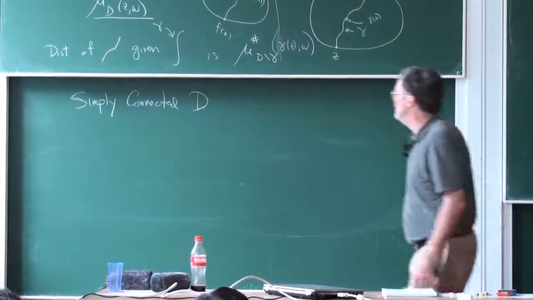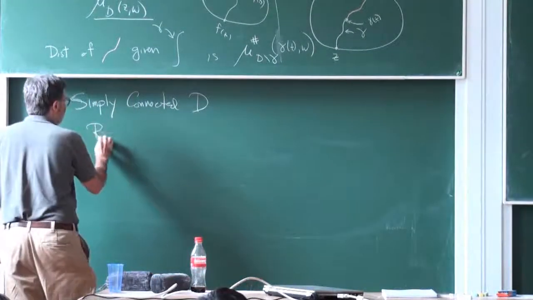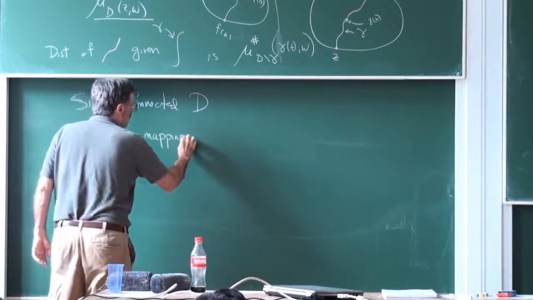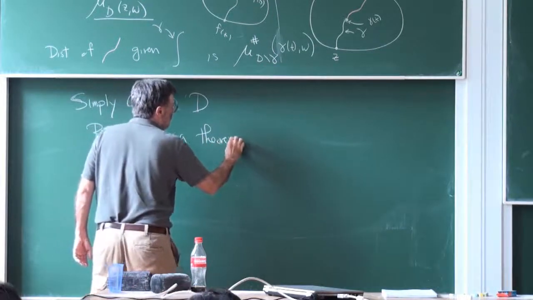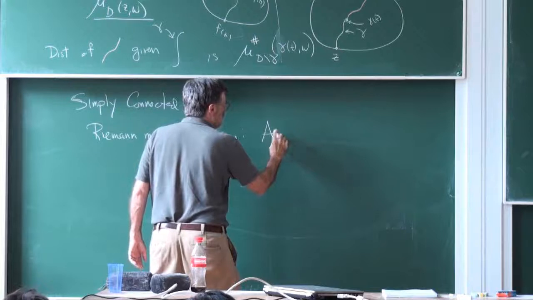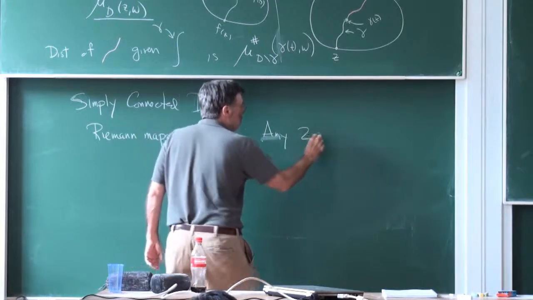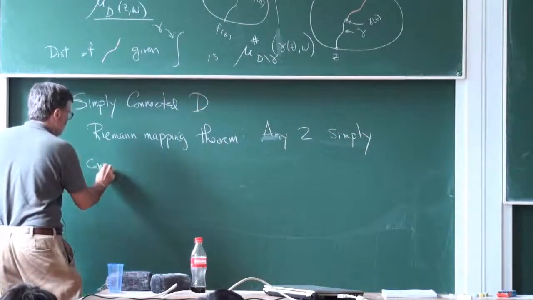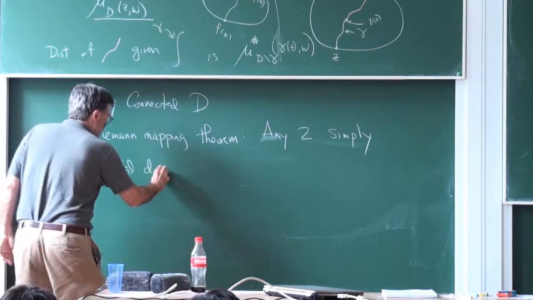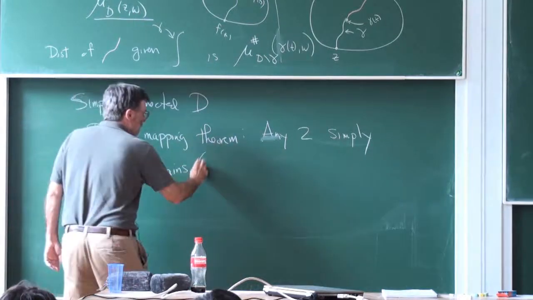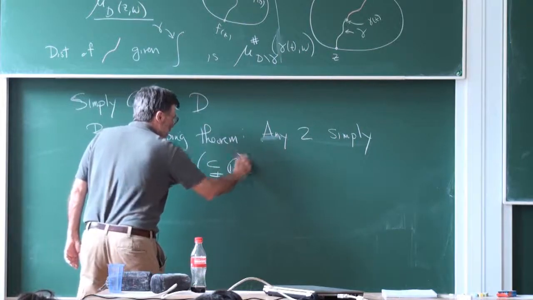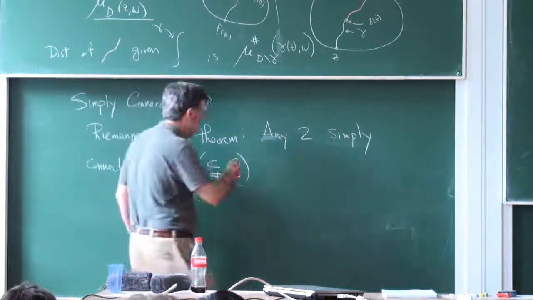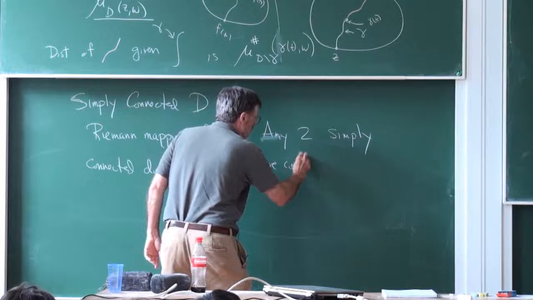For simply connected D, we have the Riemann mapping theorem, which basically states that any two simply connected domains which are strict subsets of C, don't count C itself, are conformally equivalent.